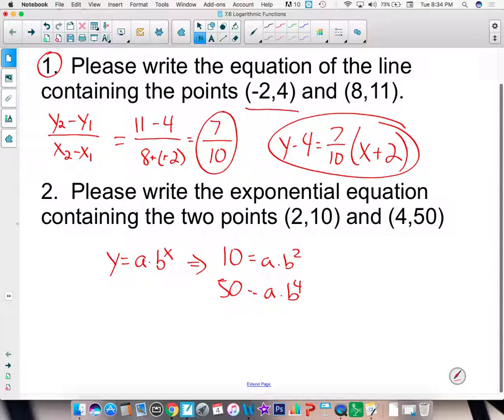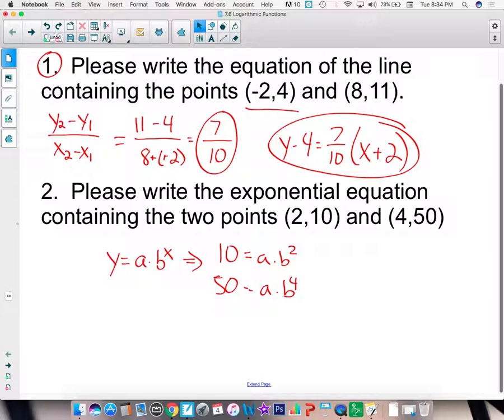Okay, and remember, I would probably do the bigger power divided by the smaller power. Let's see if my smartboard lets me, nope, it's together. So I would do this one here and divide it by the smaller one. 10 equals a times b squared.